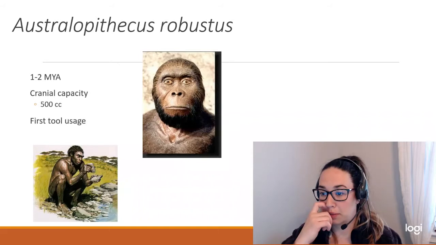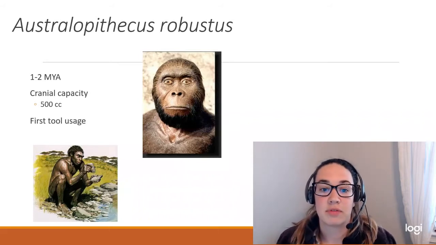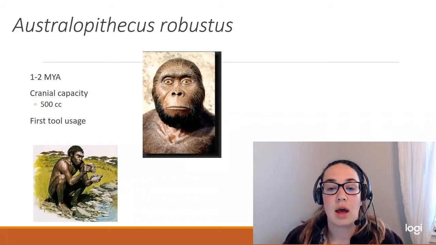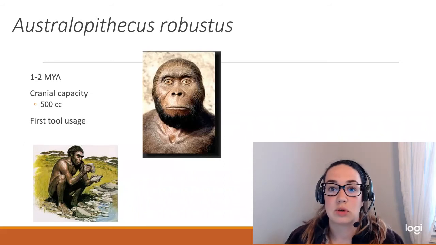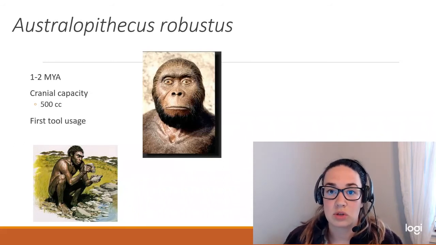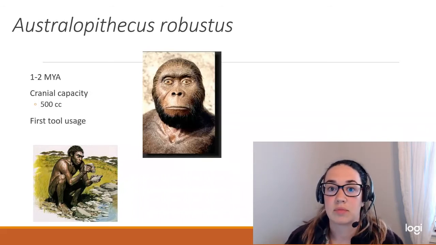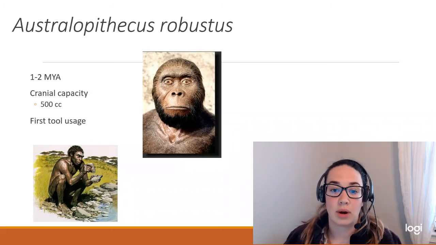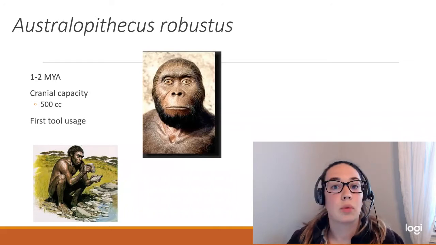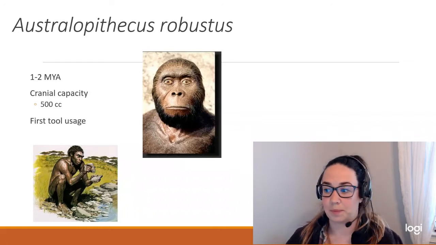The Australopithecus robustus was one of the first species here that we know to have been using tools. Tool usage was somewhere in this time frame, just because of the tools we found in fossil beds or in caves or wherever, and they can be dated back to between 1 and 2 million years ago.